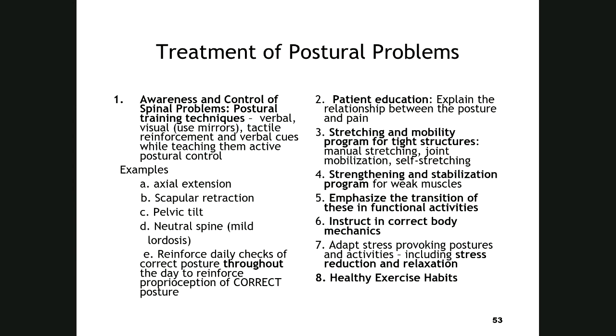Stretching and mobility program for tight structures. So obviously we're going to do manual stretches, joint mobilization, and self-stretching, plus a strengthening and stabilization program for the weak muscles, emphasizing the transition of these into functional activities. So we start from a supine position all the way to standing progressions, as you'll see in the lab.